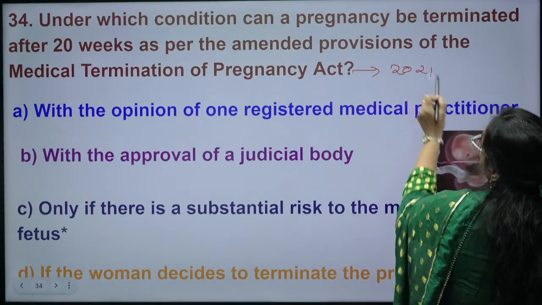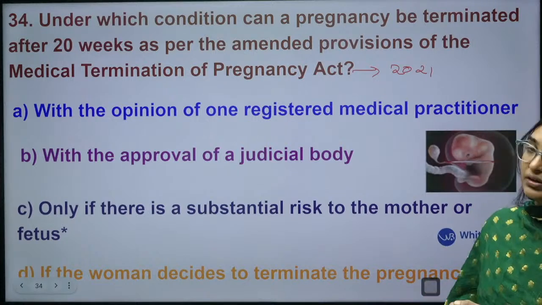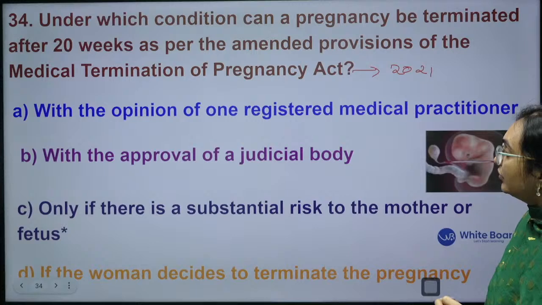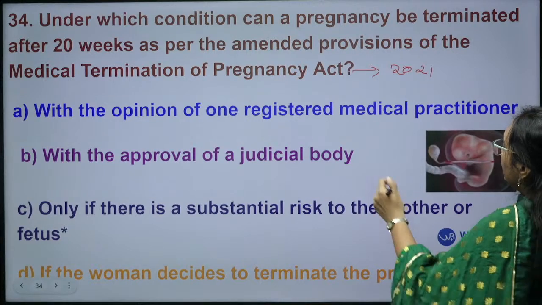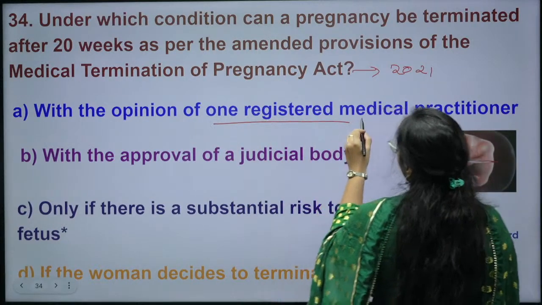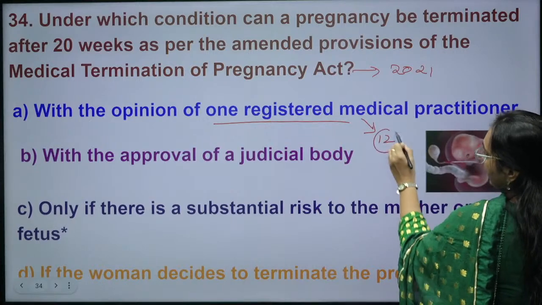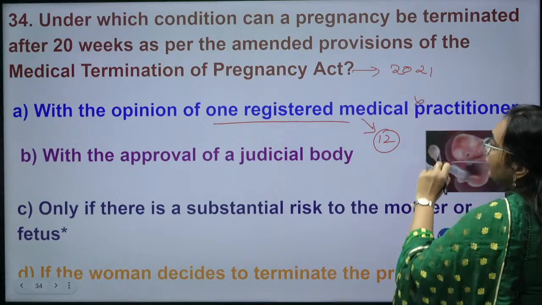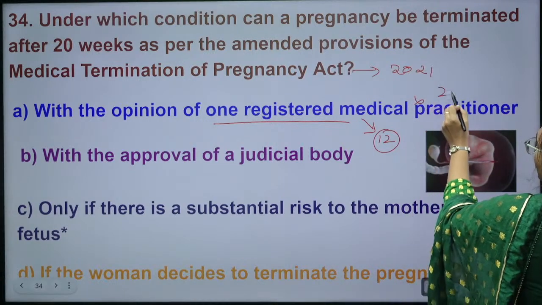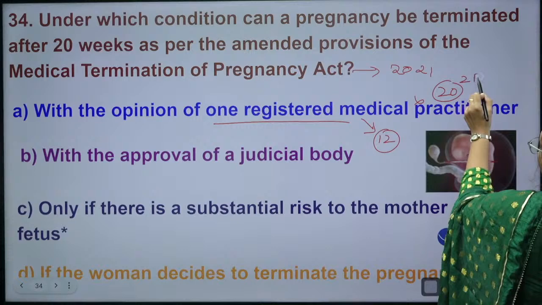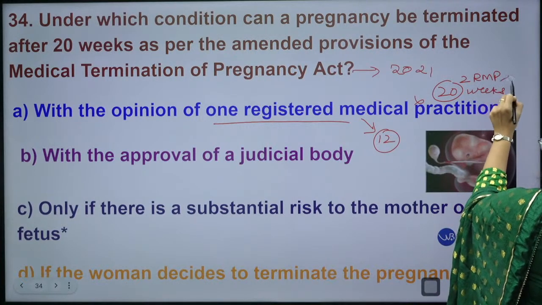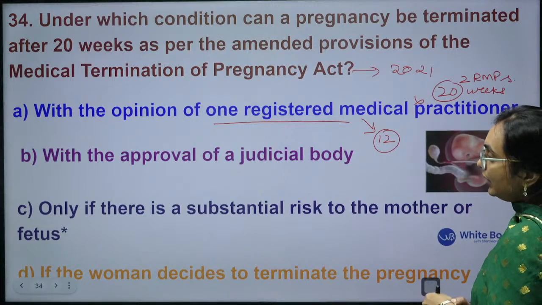After the amendments, with the opinion of one registered medical practitioner, termination is allowed up to 12 weeks, which is the older provision. Two RMPs are required for 20 to 24 weeks.